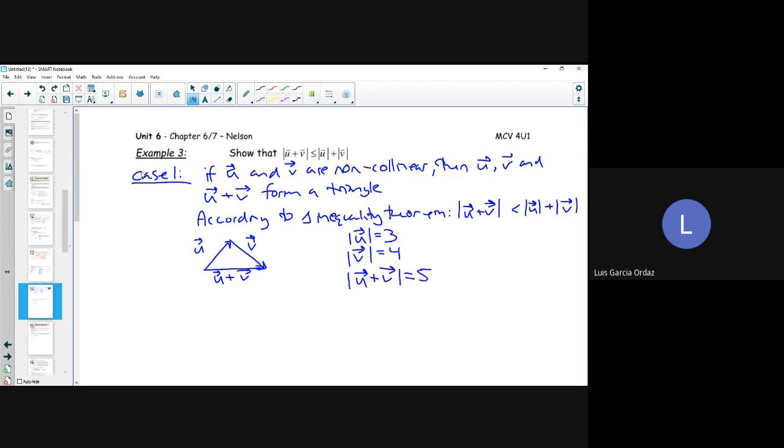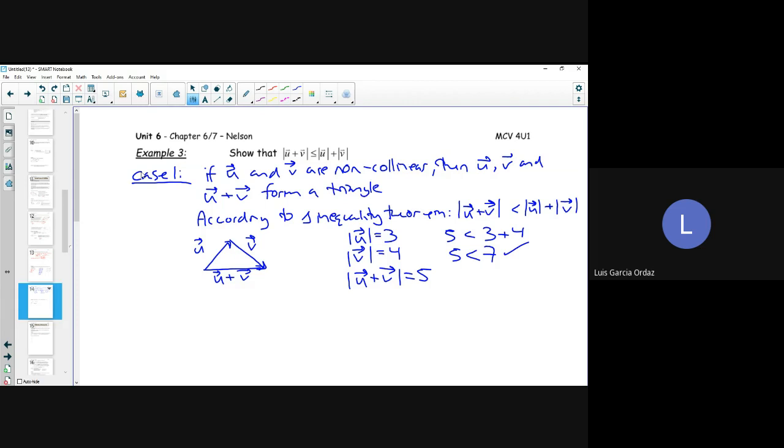This theorem states that 5 is less than 3 plus 4. 5 is less than 7, which means it is true. So my longest side, which is the resultant, has to be less than the combination of the two other vectors being added together separately. And as I can see here, this is going to be an example.